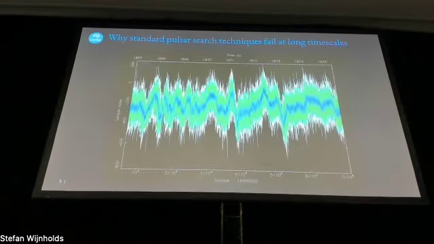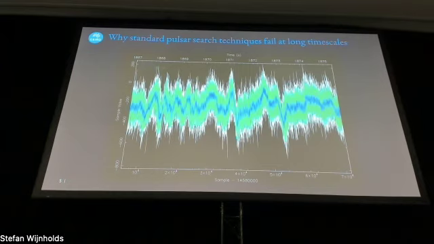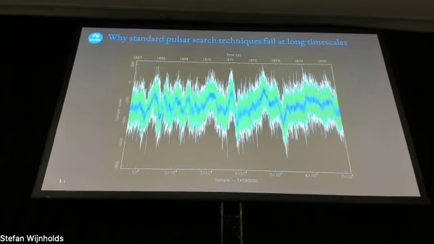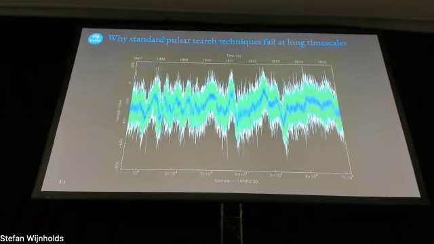Okay, so pulsars have been found at periods ranging from milliseconds to seconds, but finding them at longer periods, above about 10 seconds, has traditionally been very challenging. What I'm showing here is a time series of power from the Parkes radio telescope, and you can see on timescales of about a second and longer, you're not really able to form a stable time series to do periodicity searches on.